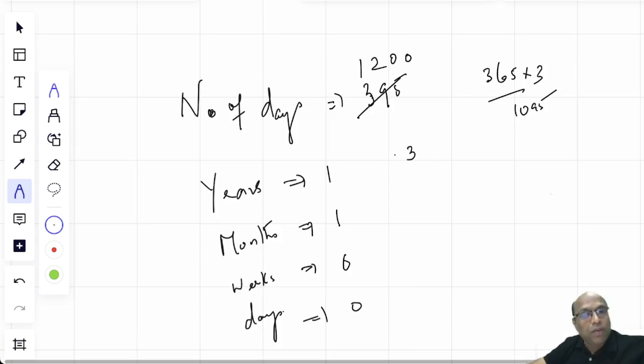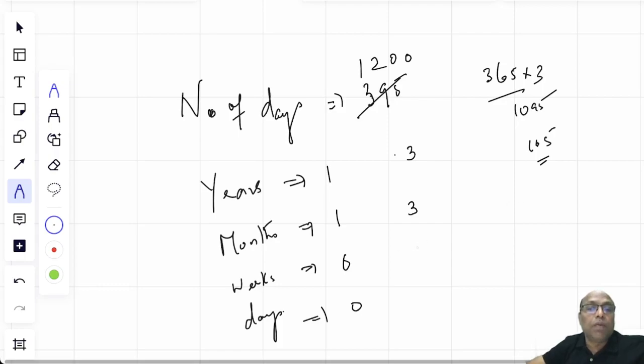Now after 1095 days, how many days are remaining in 1200? The remaining days are 105. In 105 days, how many months are there? 3 months, if we take 30 days in a month. How many are remaining? 15 days.